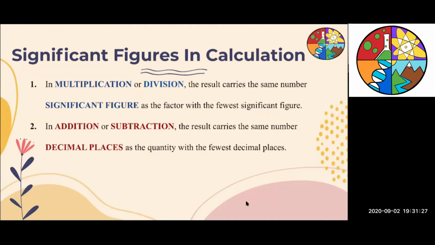So an example, I won't solve: if we do 5.4 times 3.69, I'm not going to do the calculation, but your answer should have 2 significant figures, because you're going with the number that has the least amount of significant figures.